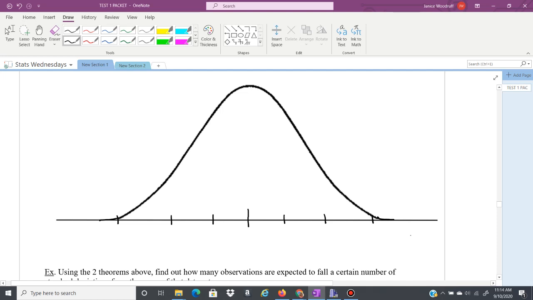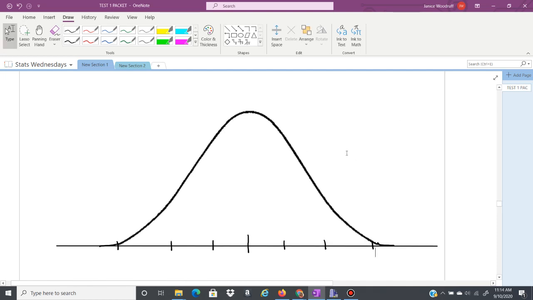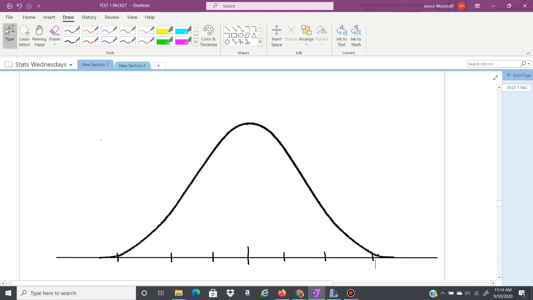Okay, so let's put the empirical rule in context. One thing that really stands out is IQ. The average IQ is 100 with a standard deviation of 15 points.